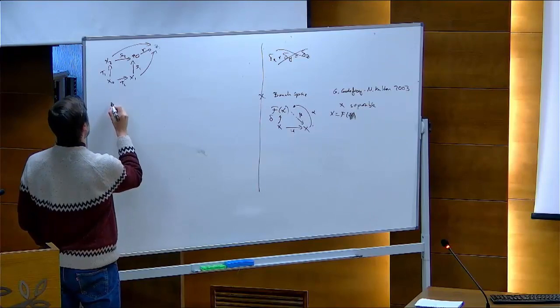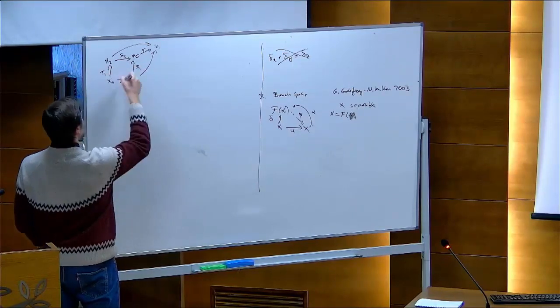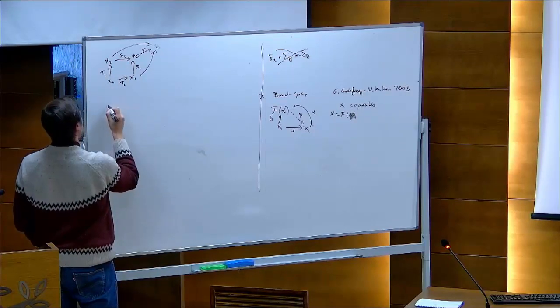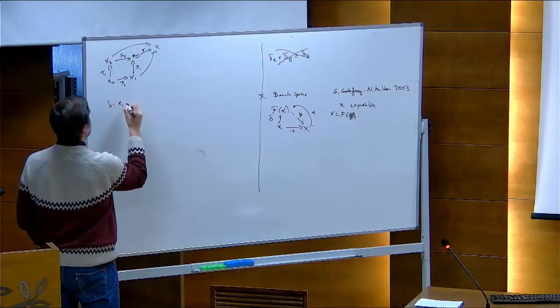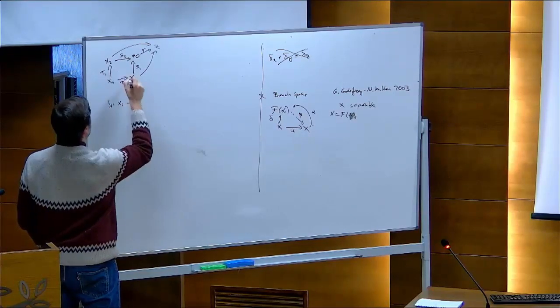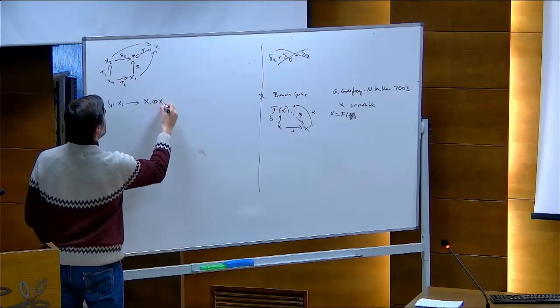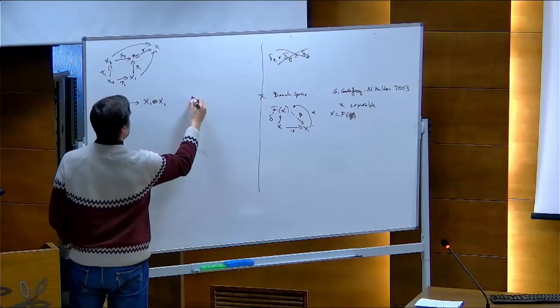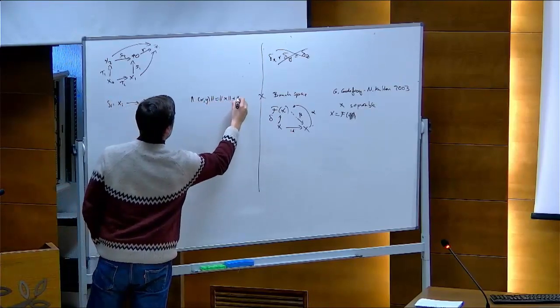Let us look at the push-out of this diagram. Let me call G1 and G2 the corresponding embeddings of X1 and X2 into the direct sum, where I'm considering the direct sum with the norm that is the sum of the norms.